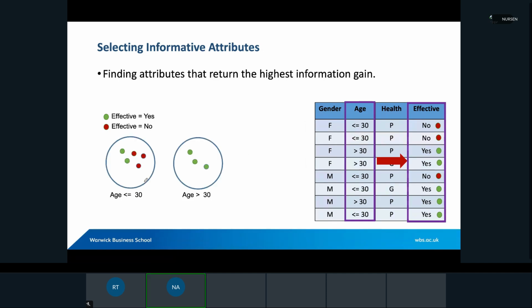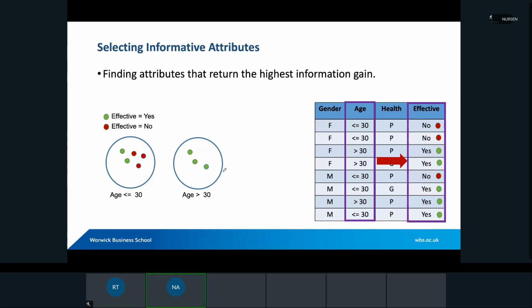Now here we have our two groups. In one group, we have age greater than 30, and in the other group, we have age less than or equal to 30. So considering the entropy discussion, what can we say? If we know the patient has an age greater than 30, for this group, what is the entropy value?